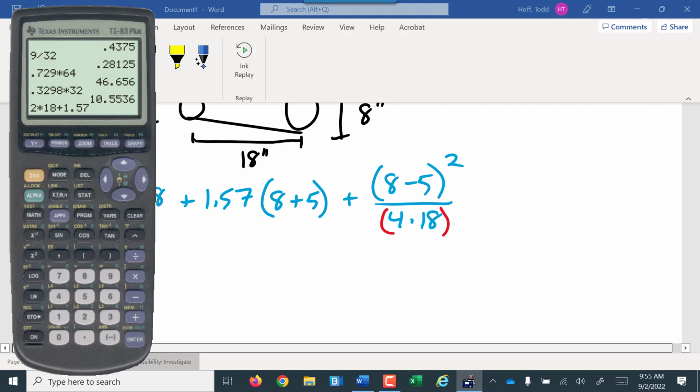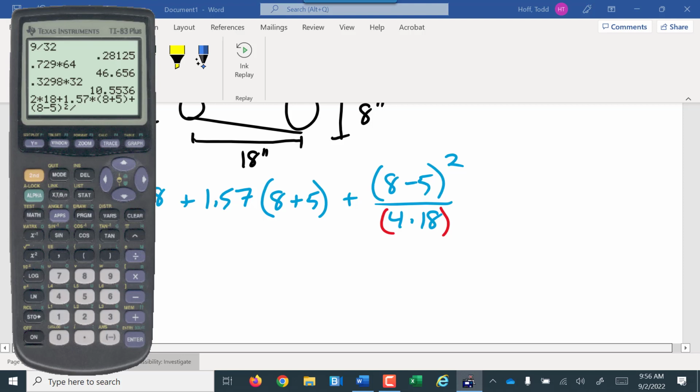Now, some of your calculators you can just put in the parentheses. Some of you have to put in times before the parentheses. I don't have to put it in on mine, but I'll put it in anyway. Times then 8 plus 5, close your parentheses, plus, so for your parentheses here, 8 minus 5, close the parentheses. If you have a scientific calculator, you'll have an x squared key there.